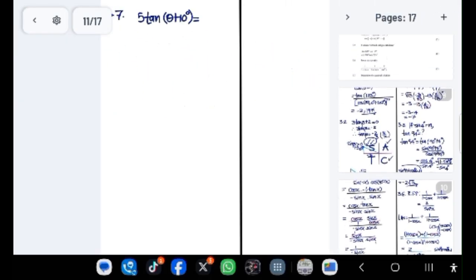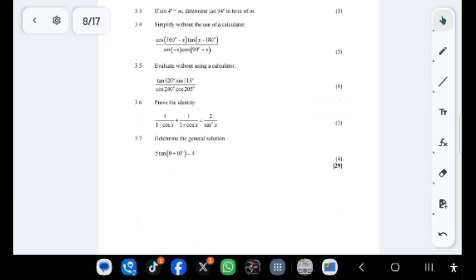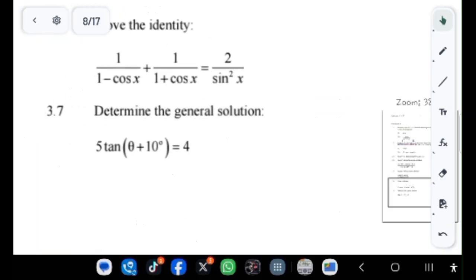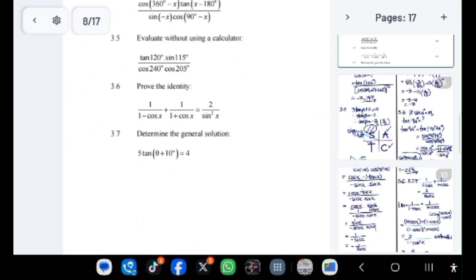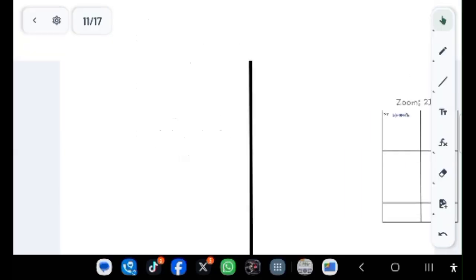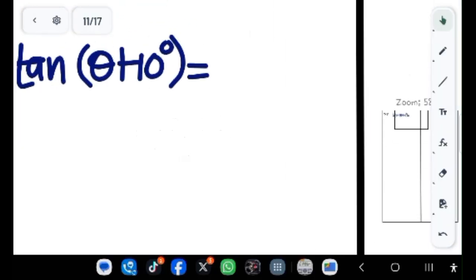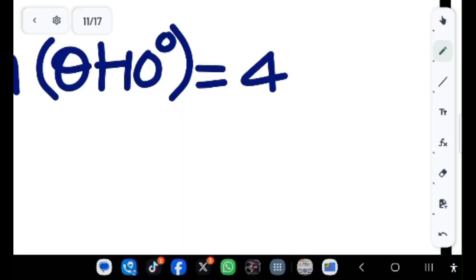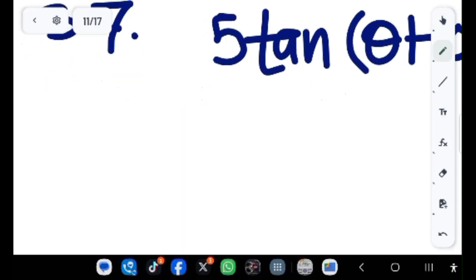Let's go back. 4. We're supposed to solve for theta.